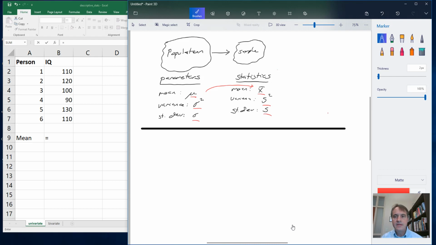Okay, so calculating a mean is not difficult. We already know how to do that.